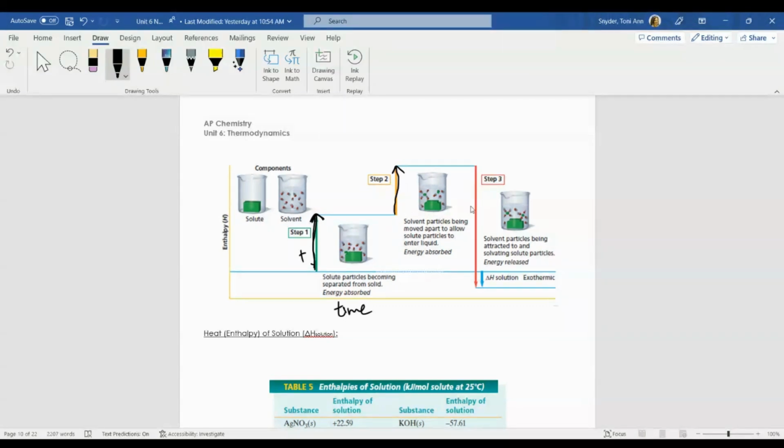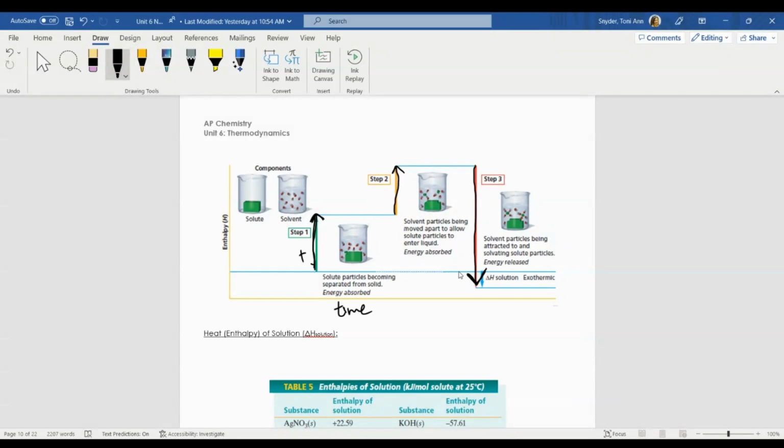Now, here's when we can tell whether this process is endothermic or exothermic. Step 3 is when the solute particles are attracted to the solvent particles. This releases energy, this step right here. Notice how this process releases more energy than the first 2 steps total absorbed.